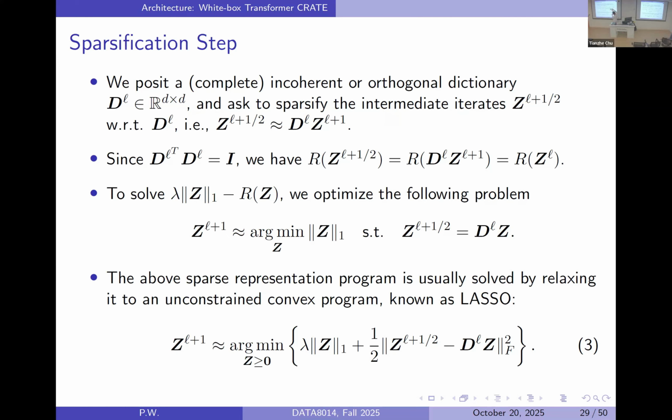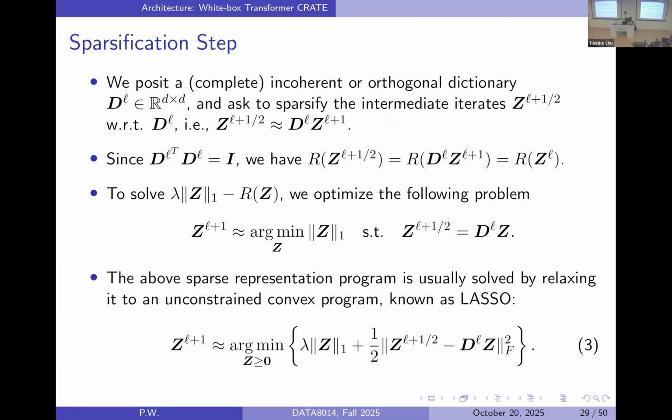We conjecture that the complete incoherence actually means an orthogonal dictionary. There exists such a dictionary D^l, and we want to use it to sparsify the intermediate output of the last step. The output of this step is Z^(l+1), and the intermediate output is approximately equal to this orthogonal dictionary times Z^(l+1).